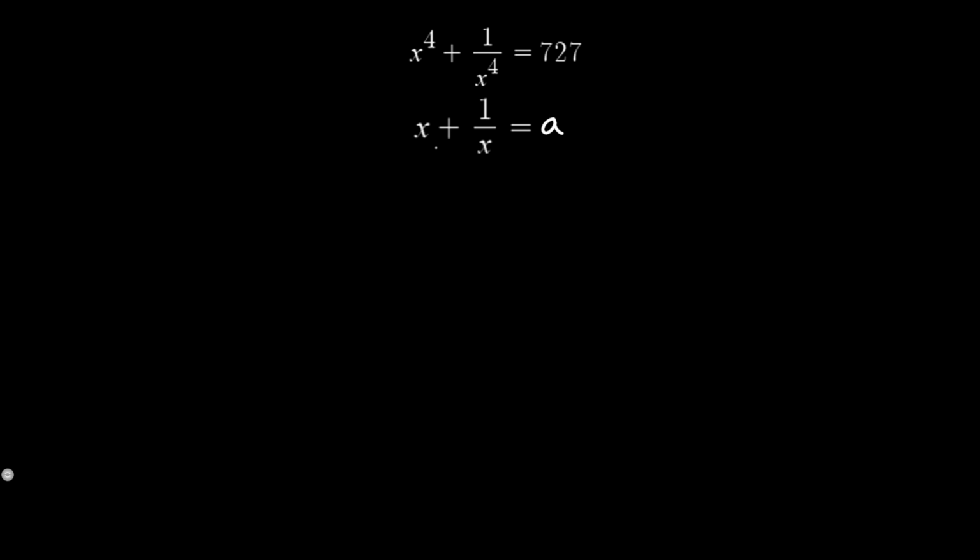And we are going to square this expression right here. So we have x squared plus 2 plus 1 over x squared, and that is equal to a squared.